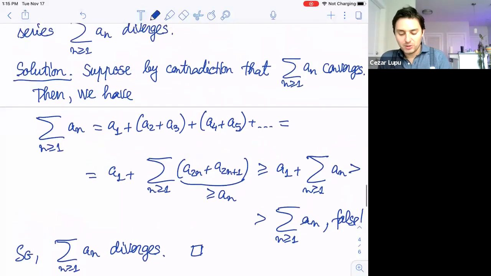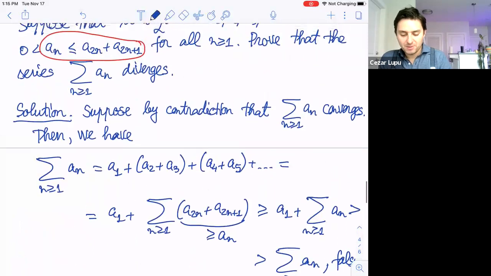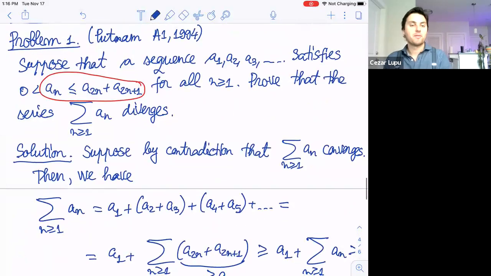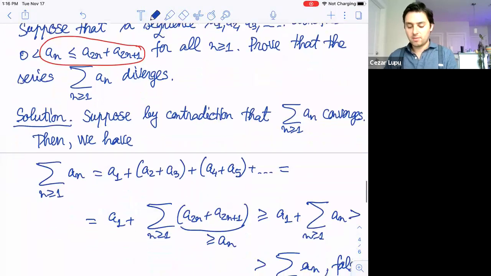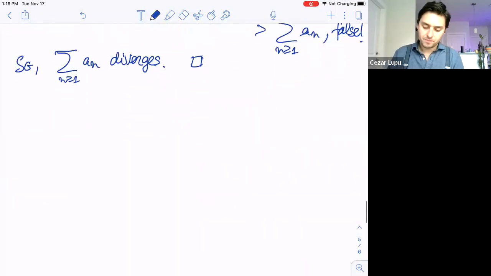That was a Putnam A1 1994. So you just needed an idea and to exploit the fact that, of course we have to know that the terms are positive, otherwise, right? That's a common sense condition. All right, so that was the first problem. Let's see another problem, problem 2.